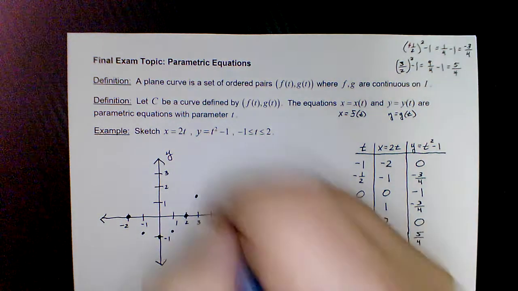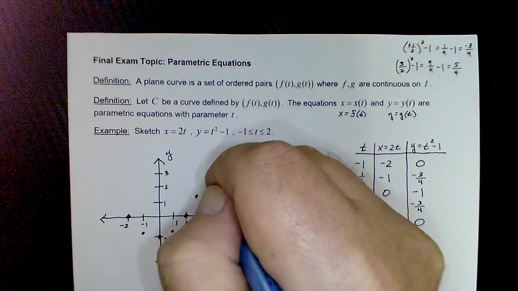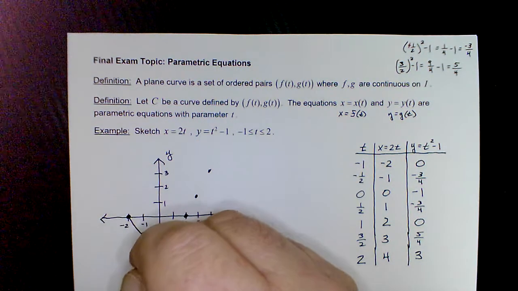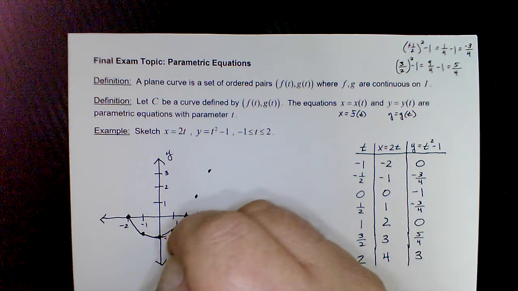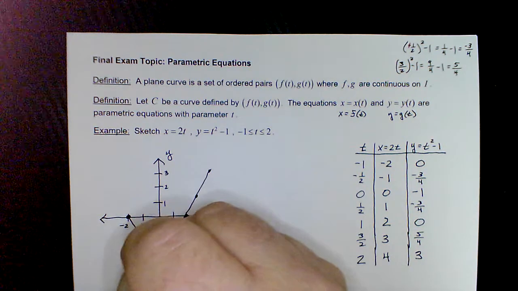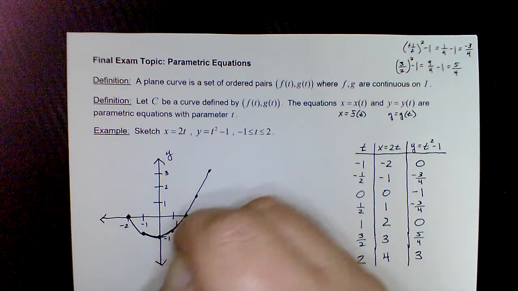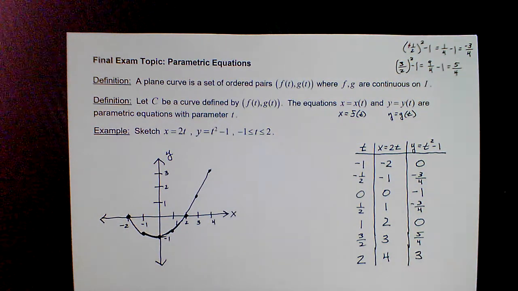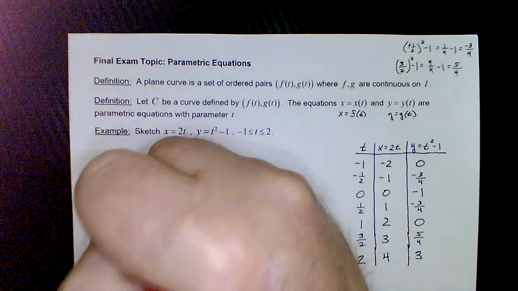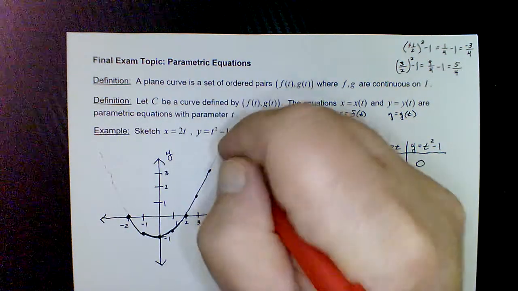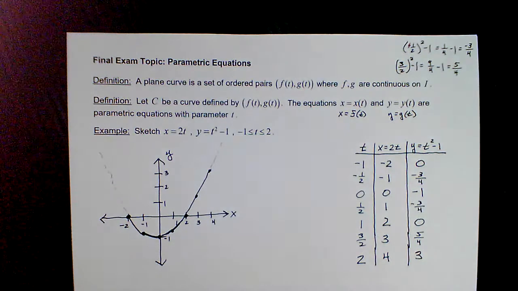And 4 and 3, around there. And so then we could join those points, and we get a graph of what looks like, if we extended it in both directions, certainly looks like a parabola, right?